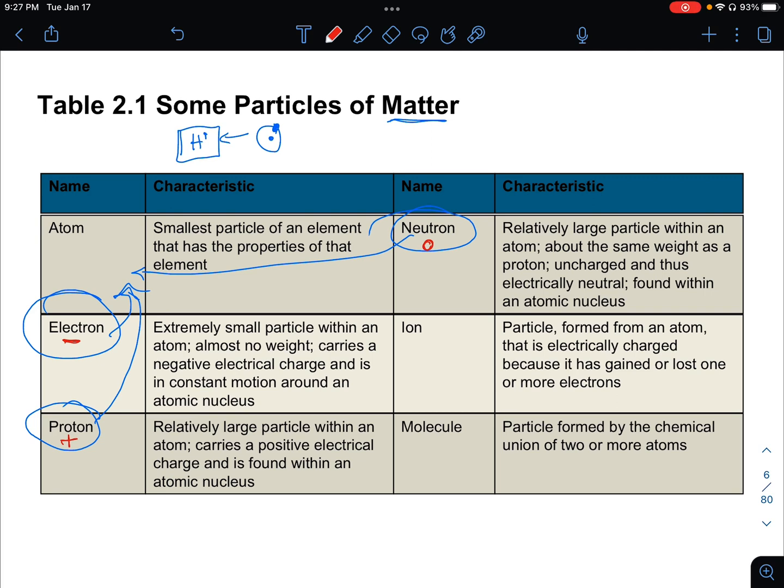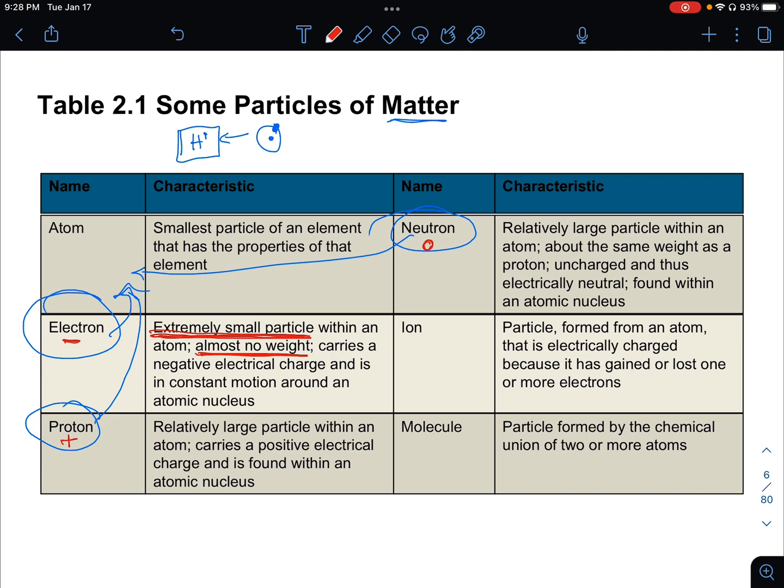The electron is an extremely small particle within the atom. It has almost no weight and carries that negative electrical charge. It's in constant motion around the atomic nucleus. Here I want you to remember this: an electron is an extremely small particle and has almost no weight. So when we're talking about the weight of an atom, we are mostly talking about the proton and the neutron.